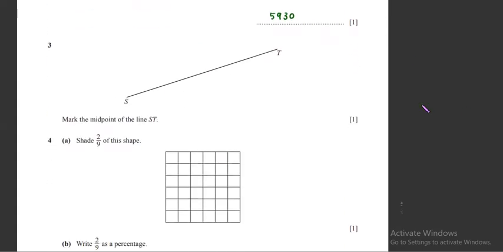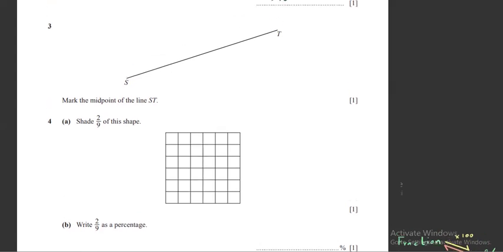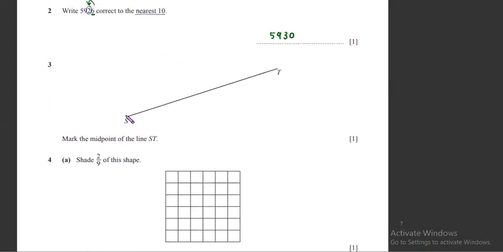Let's move on to question 3. Mark the midpoint of the line ST. So this is the line ST that is given to us, and we need to mark the midpoint of the line. So you can do this in different ways. You can use a pair of compasses. You would place the compass at this point, and draw an arc like this, and then place the metal point of the compass here.